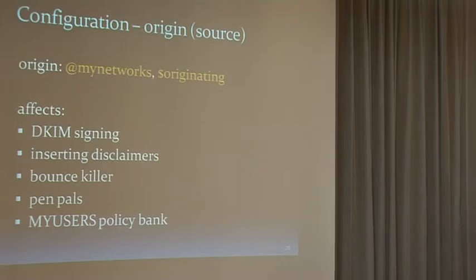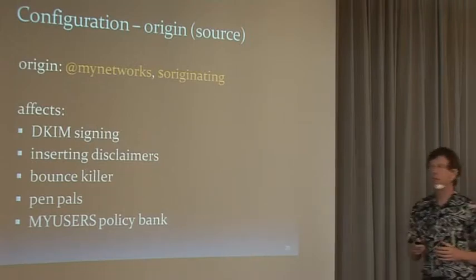So as far as the rest of the code is concerned, this is the only thing that tells whether mail is originating or not. It can also be set explicitly by a program hook, by user's code, external, or by policy bank. We'll come to it later. And these are some of the things that need to know if mail is coming from inside or not.